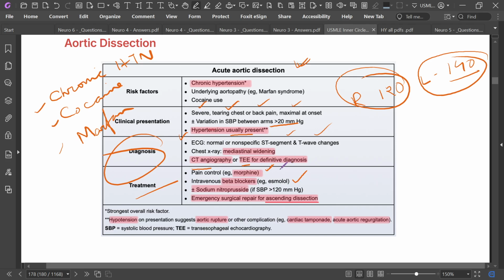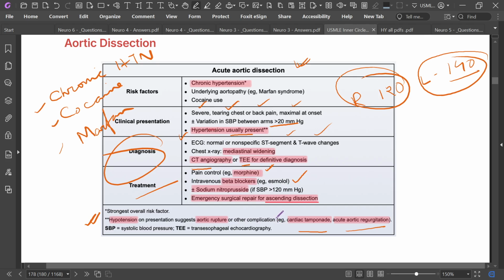Emergency surgical repair is needed for ascending dissection. Hypotension on presentation suggests aortic rupture or other complications like cardiac tamponade or acute aortic regurgitation.